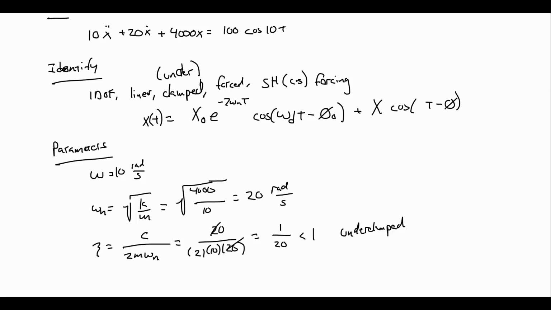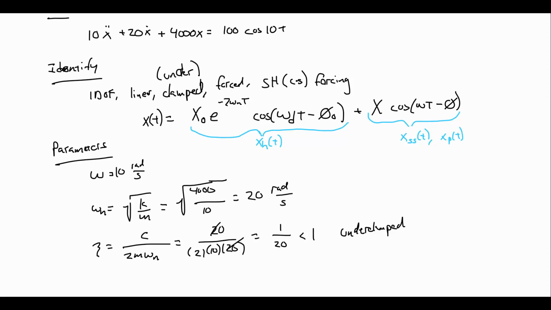So we have our steady state as the second part. This is our steady state solution. And then we have the transient, and that is coming from the homogeneous part of the solution. I'll just mark it as the homogeneous part, and then this is the steady state, which is also coming from the particular part.